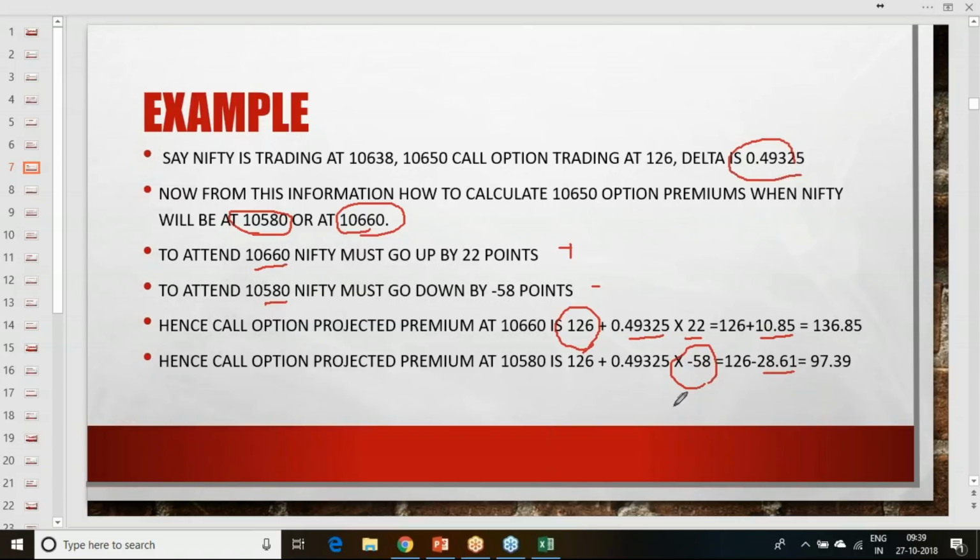So the premium will be 97 rupees at 10,580 and 136 rupees at 10,660.